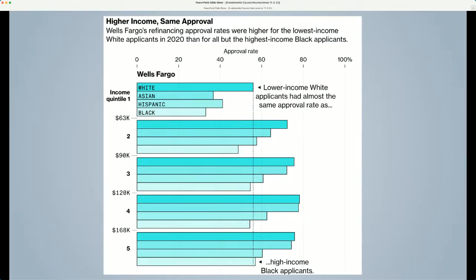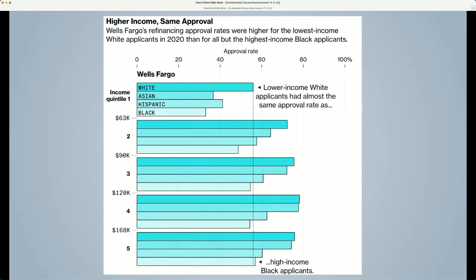Latinos experienced similar levels of discrimination. Lower income white applicants actually had almost the same approval rate as high income black applicants. Black home ownership had the lowest approval rate by lenders nationwide in 2020, as well as the smallest number of applicants.